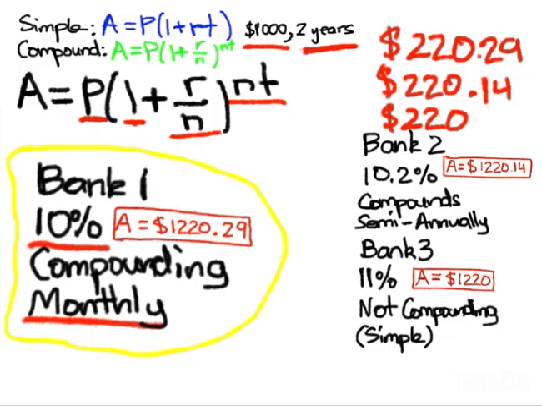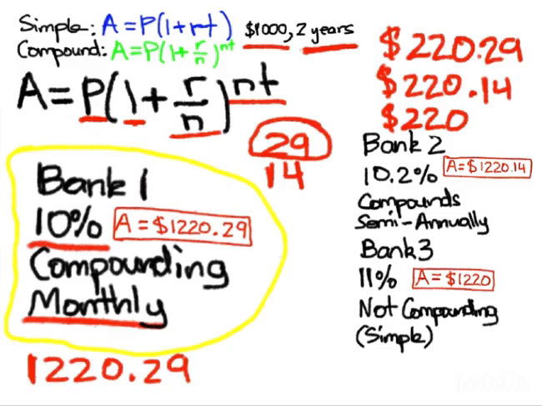And that indicates just there that Bank 1 was offering a compounding rate that was more frequent than the other banks, and then that essentially made it so that that outside exponent was greater. And that outlines sort of that compounding interest on most occasions is much better than a simple interest program, because you'd be gaining 29 extra cents in Bank 1 and then 14 extra cents in Bank 2 in comparison to a simple interest.